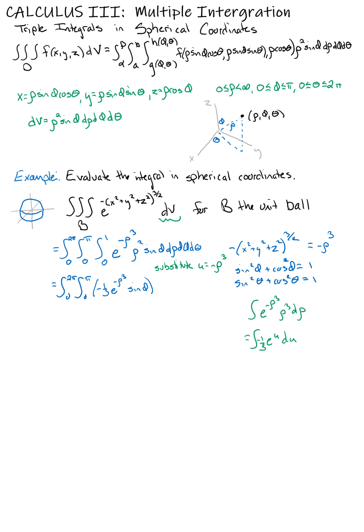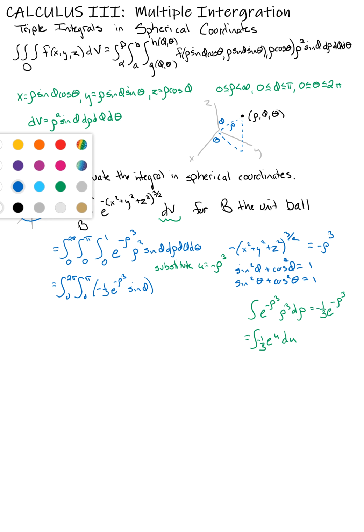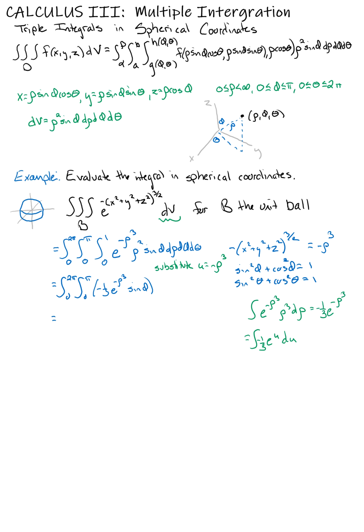So take your time with that. Your result should be negative 1/3 e to the negative rho cubed. But just a straightforward substitution there shouldn't be too bad. So continuing on, this gets evaluated from 0 to 1, and then we'll still integrate with respect to phi and then with respect to theta.